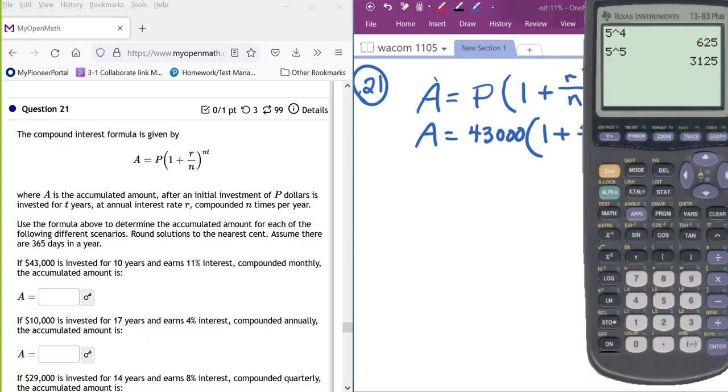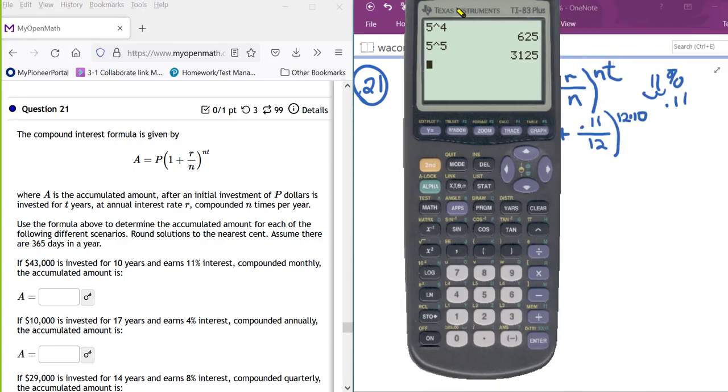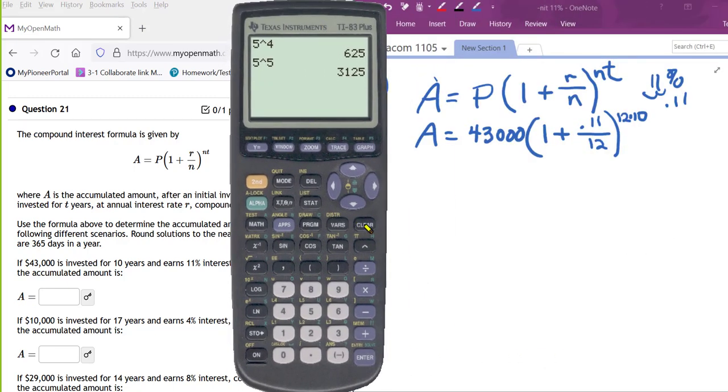Let's do it on the calculator though. And I'm going to move the calculator right here. So, I would not use double parentheses. I would instead, you have to start inside, but I would enter that fraction first and then I would add the 1 rather than adding double parentheses in there. So I'm going to enter 0.11 divided by 12, enter. I'm going to add my 1, enter.